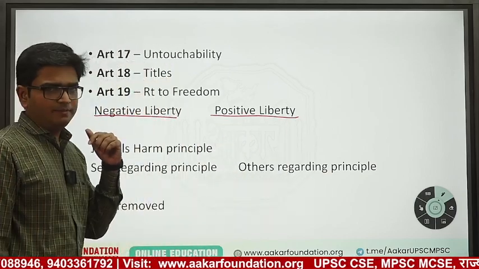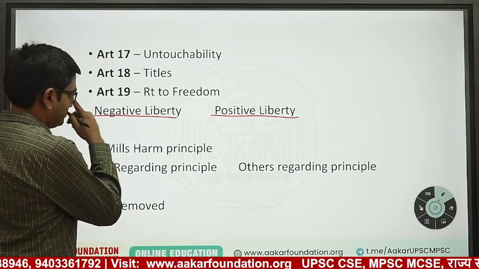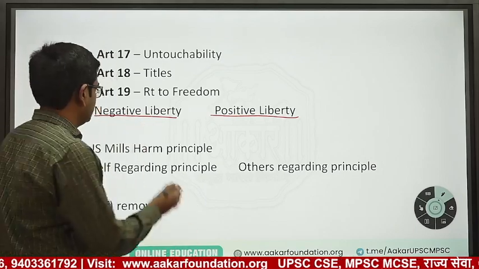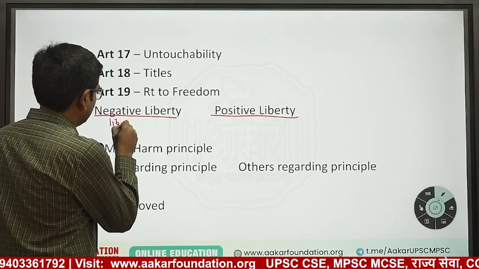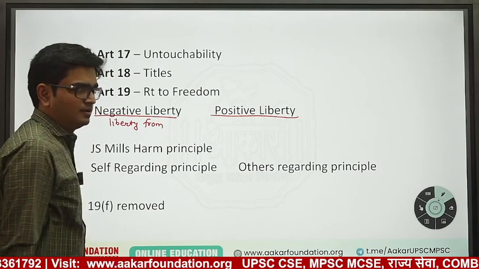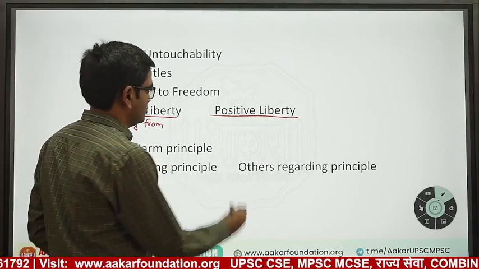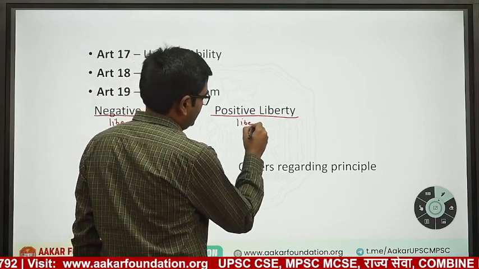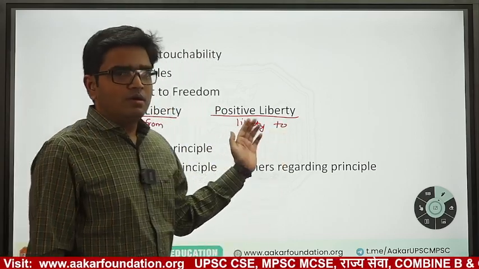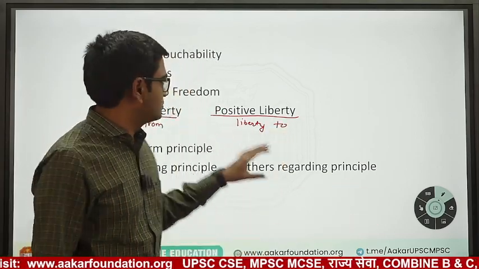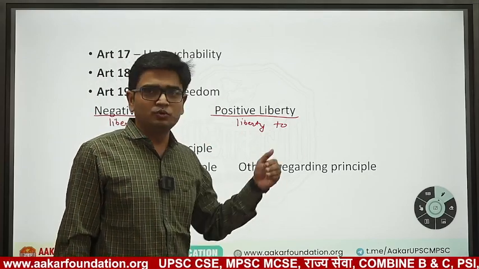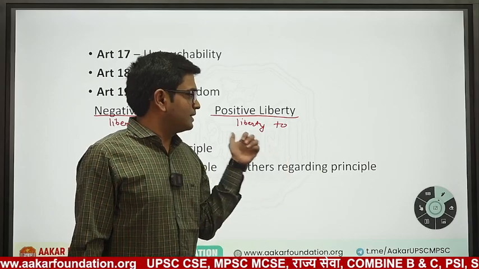What is negative liberty? In negative liberty, you are restricting the state. That is liberty from. And positive liberty means liberty to, meaning how you can develop. If the state is giving you incentives to do something in your life, that's called positive liberty.